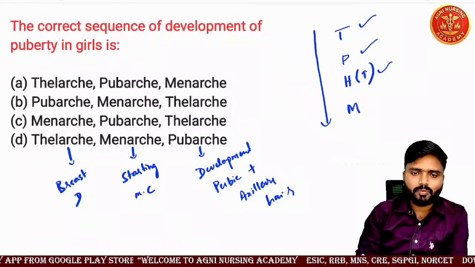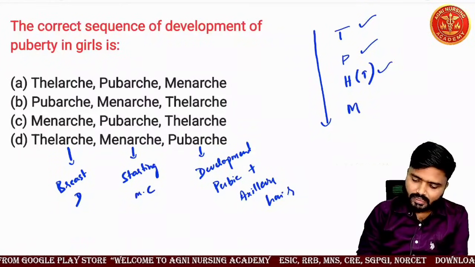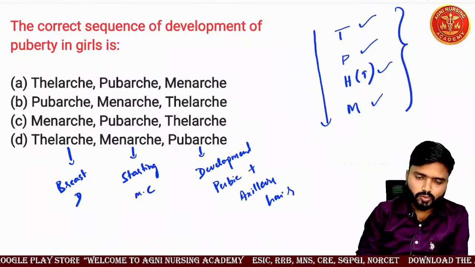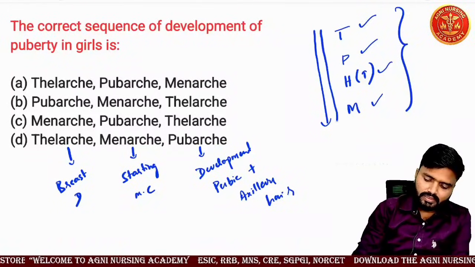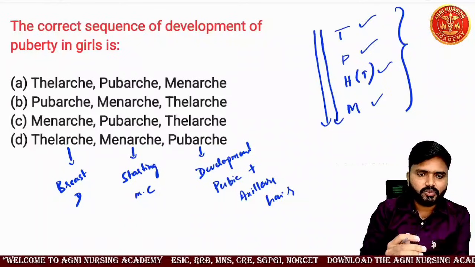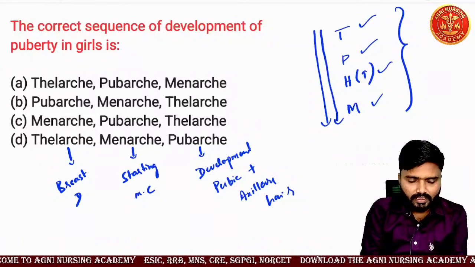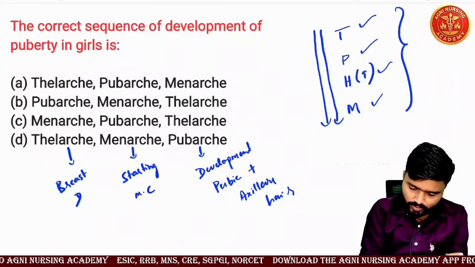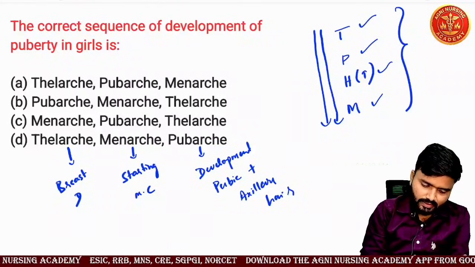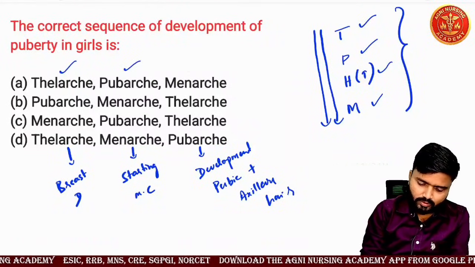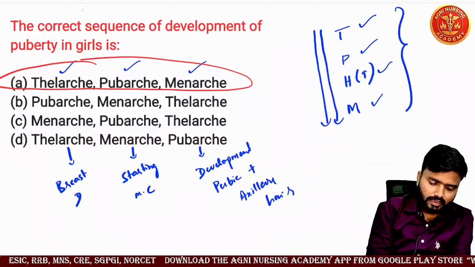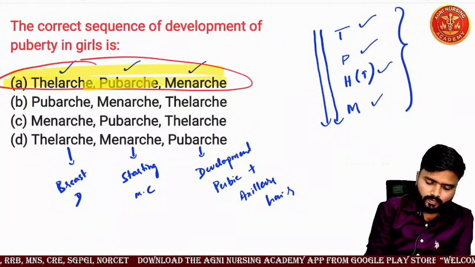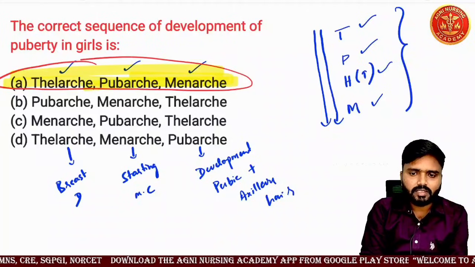After that the height of the female will increase, and last the first menstrual cycle will start, that is menarche. This is the normal series in the development of secondary sexual characteristics in girls. You can see here option A, telarche first, the second one pubarche, and third one menarche. So option A is the correct answer for this question.